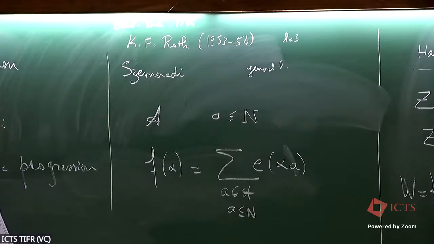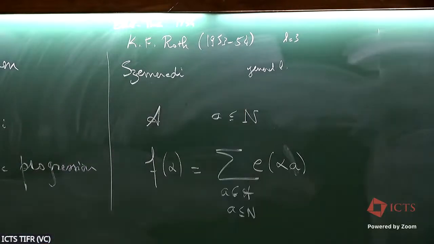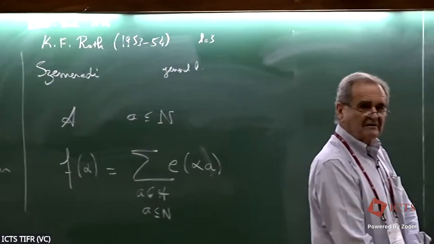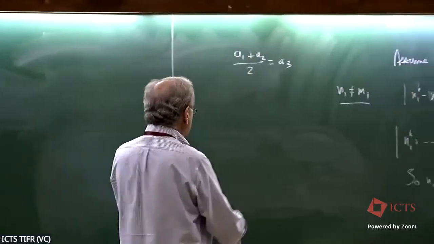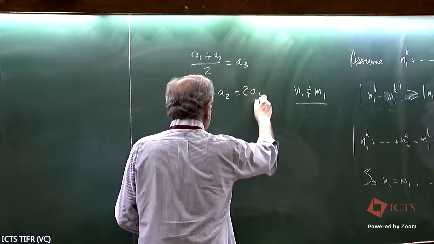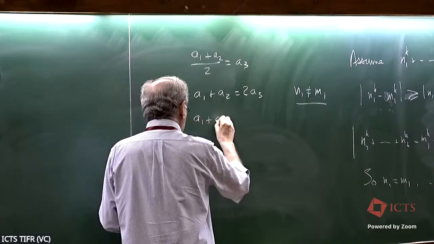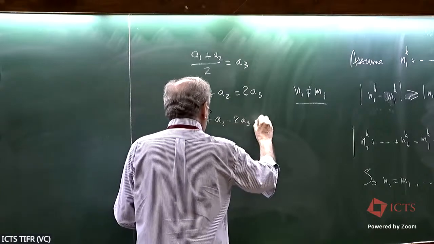How can you count the number of 3-element arithmetic progressions in the set? Well, of course, you can write something like (a1 plus a2)/2 is equal to a3. This is not very nice, but there is another equivalent way, which is nicer to write: a1 plus a2 is equal to 2a3. Now, there is even another way to write it, which is to say a1 plus a2 minus 2a3 is equal to 0.